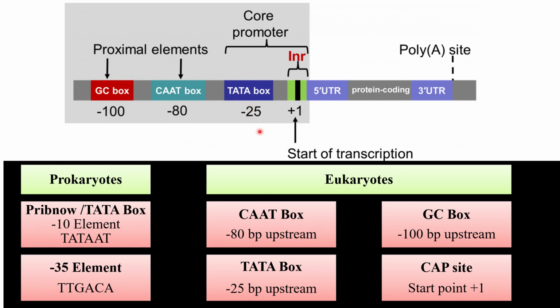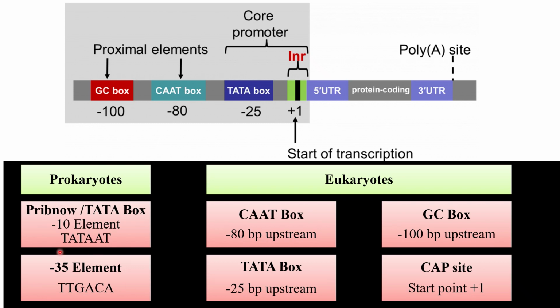As you can see here, at -25 base pairs upstream in eukaryotes, is the TATA box sequence. Then, going upstream to -80 base pairs, that's the CAT box, cytosine, adenine, thymine. Then at -100, 100 base pairs upstream, there is the GC box, and in prokaryotes there is also -35, or 35 base pairs upstream.